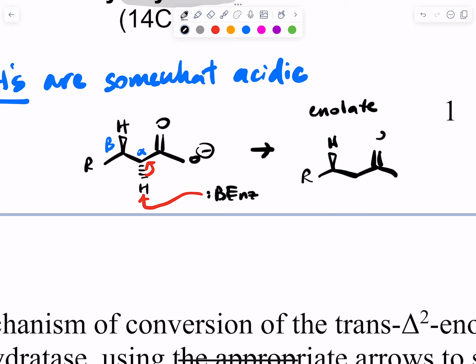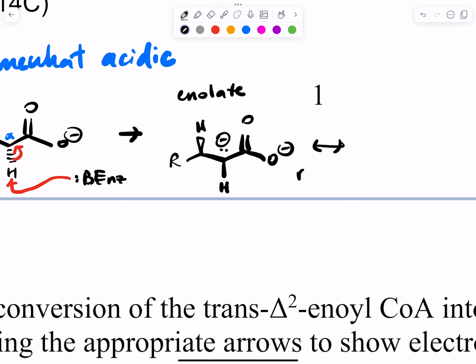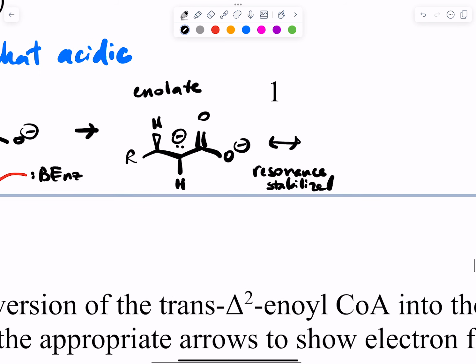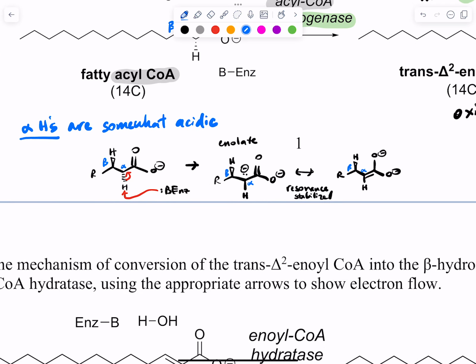And if you draw the structure of this enolate, one of the things that becomes clear is that it is resonance stabilized because of the adjacent carbonyl group. In contrast, if you were to remove the beta proton and draw that intermediate, the negative charge would just be on an isolated carbon, unstabilized by resonance. So it's actually much easier to remove the alpha proton than the beta proton.